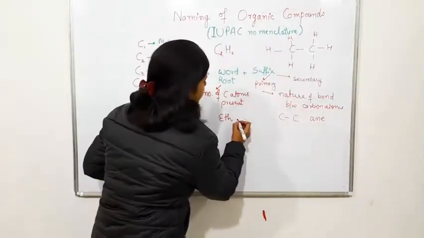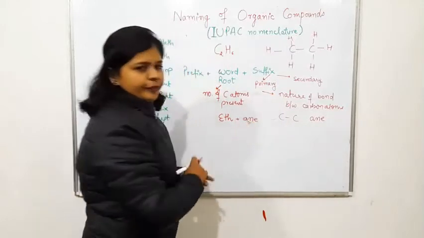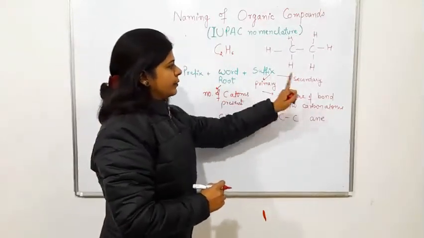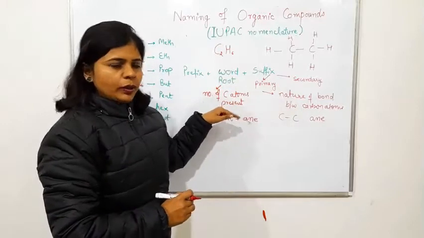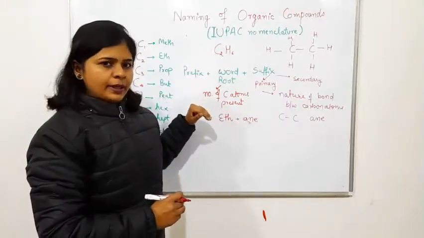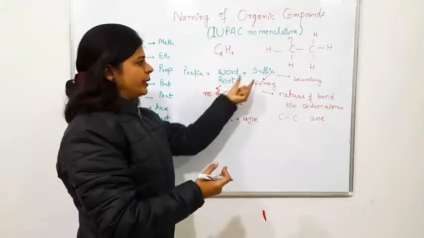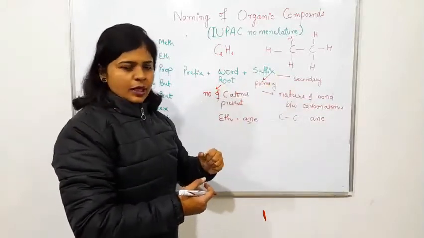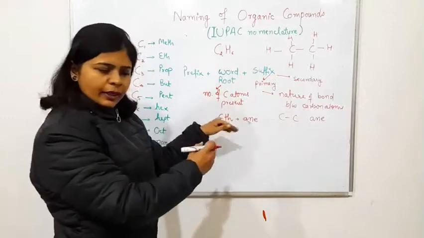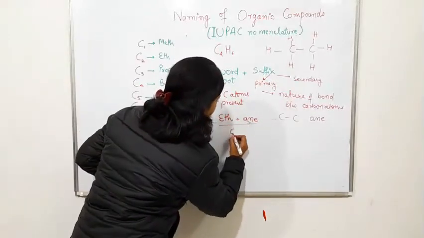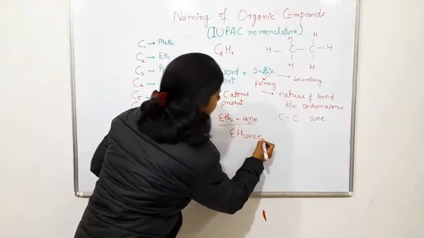So here the primary suffix will be ane. The secondary suffix is not present in this compound, and the prefix is not present either. We will learn more about prefix and secondary suffix with more examples. So what is the name of this compound? We write it as a single word, and the name is ethane.